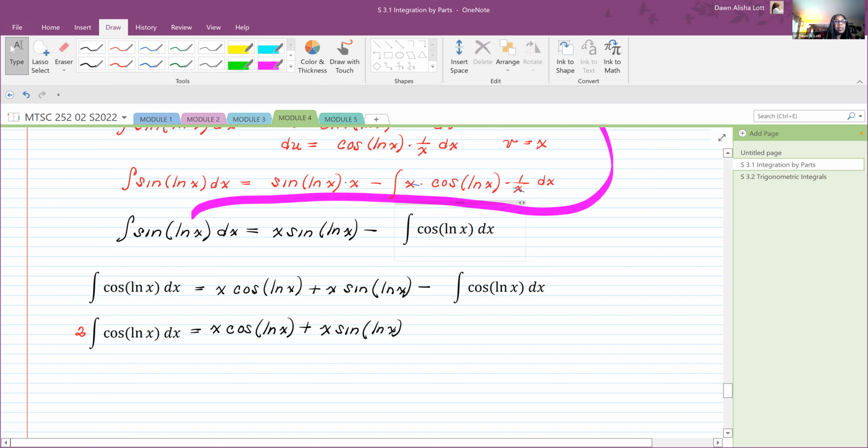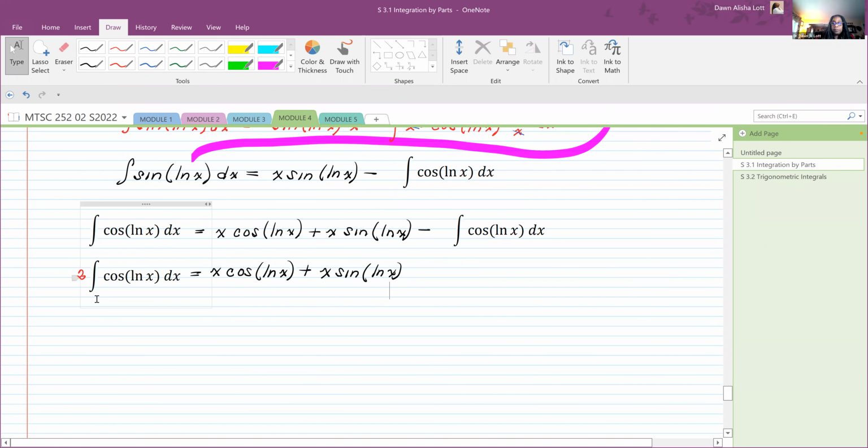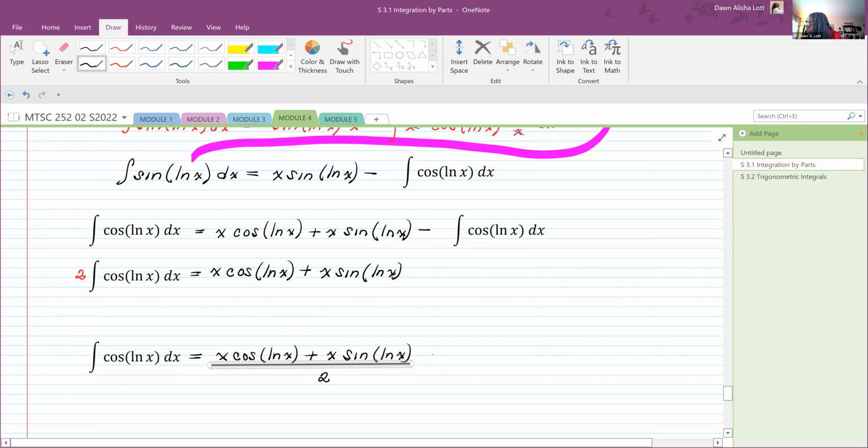And so therefore my answer is to divide by 2 to get what I need. This is x cosine of the natural log of x plus x sine of the natural log of x, divided by 2. I'm done. So let's add on my constant.